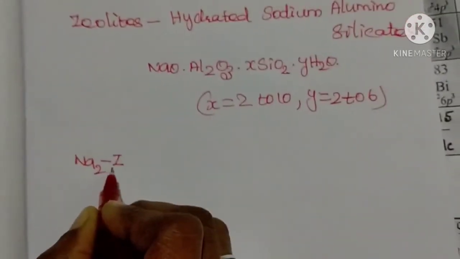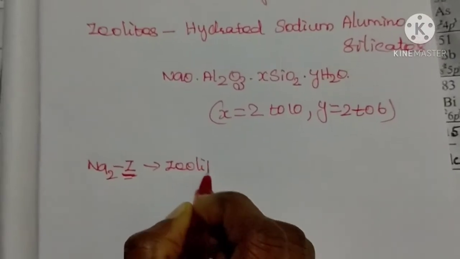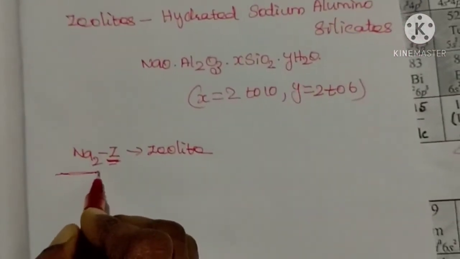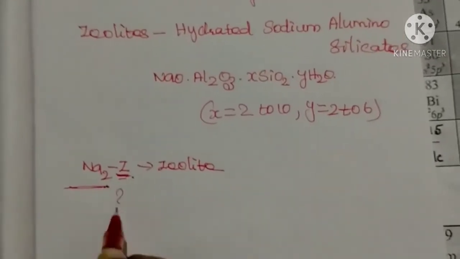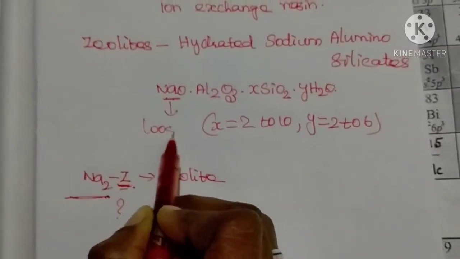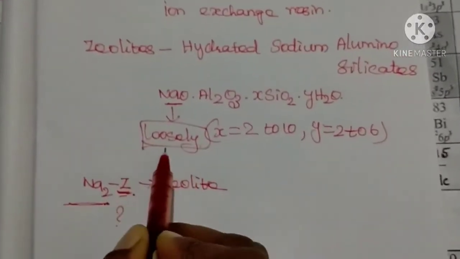The example of this reaction is Na2Z, where Z means zeolite. Why do we write Na2Z?